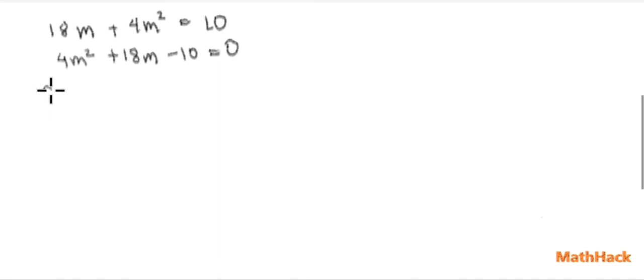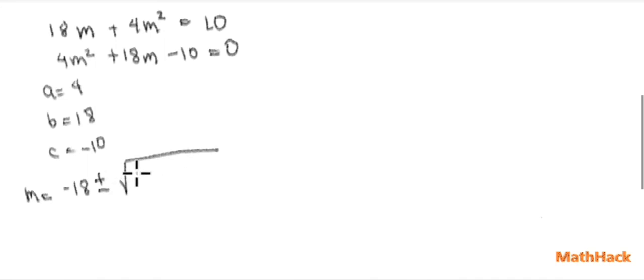Then, identify natin yung values ng A, B, at saka C. Ang value ng A ay 4. Ang value ng B ay positive 18. Ang value naman ng C ay negative 10. Okay, do not worry kung malaking mga numbers yan. Actually, kayang-kaya natin yan i-simplify. Okay, so we have negative B, so negative 18 plus or minus the square root of 18 squared.